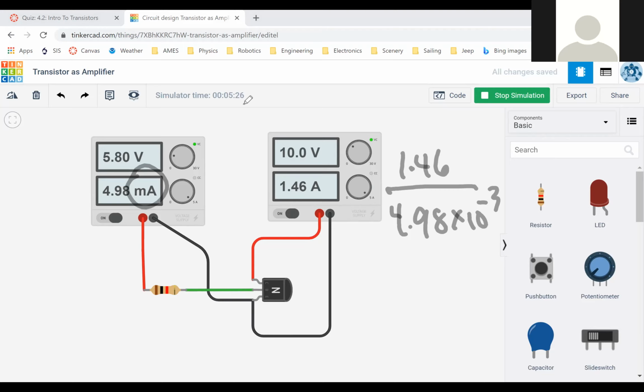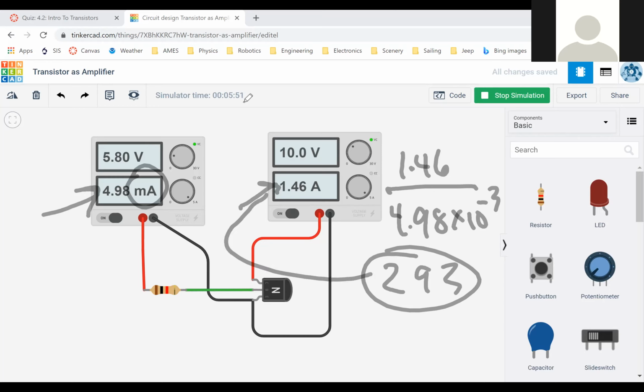So 1.46 divided by, with parentheses, 4.98 times 10 to the negative 3. And what do you know? I get the exact same number, 293. So you can change this number to anything you want. This number here will always be 293 times whatever your input number was.